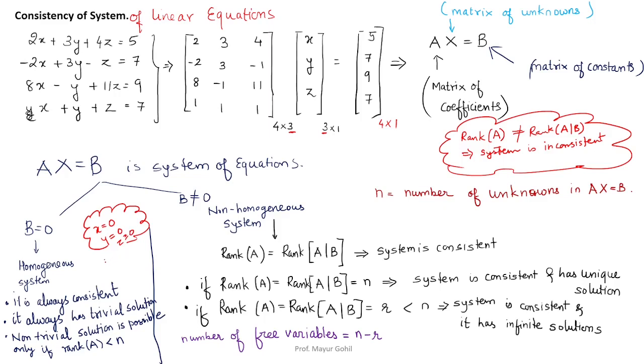And a non-trivial solution in the case of a homogeneous system will happen only when rank of A is less than the number of unknowns, n.